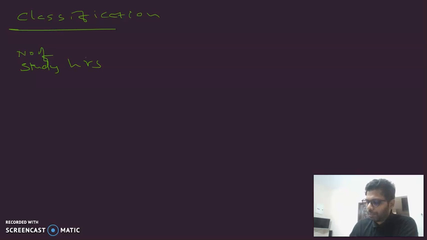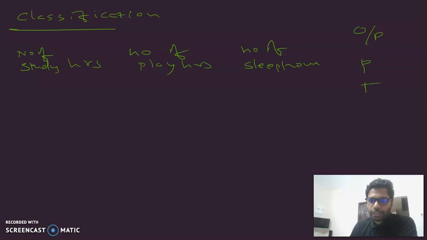Now let's talk about a classification problem. Classification. Let me just write one data set: number of study hours, number of play hours, number of sleep hours, and my output here will be pass or fail, fail, pass.